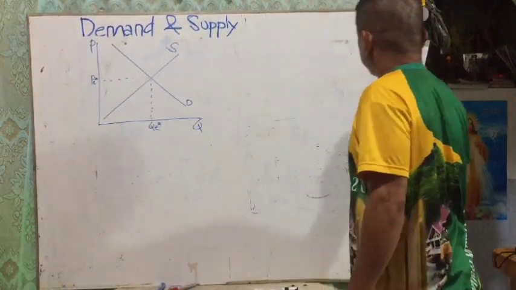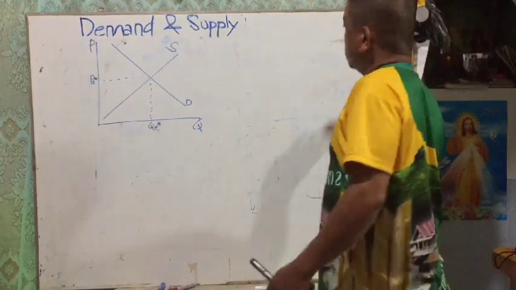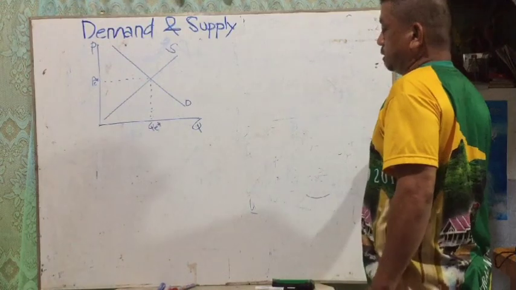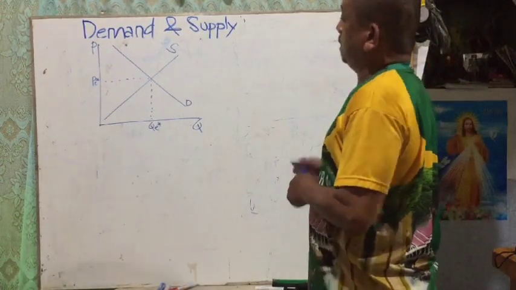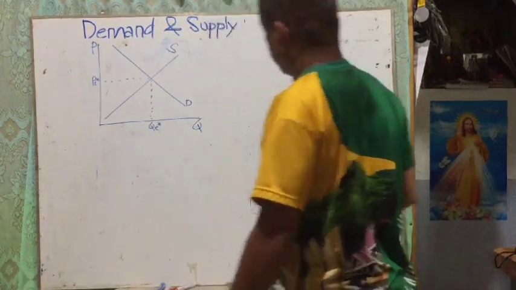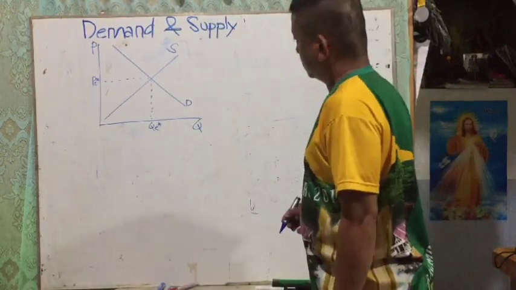The question now is what happens to the equilibrium quantity and what happens to the equilibrium price.